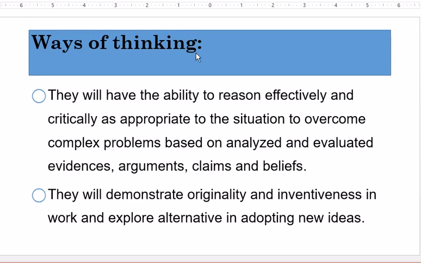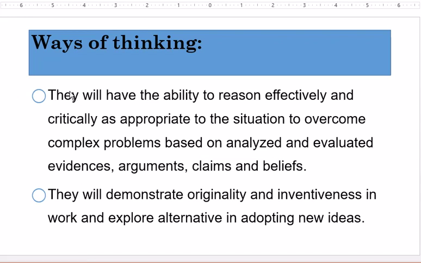All right. The ways of thinking, some of the thinking that we need to divert ourselves from our old traditional thinking is that they reason effectively. The ways of our thinking, they will have an ability to reason effectively and critically as appropriate to the situation to overcome a complex problem based on analyzed and evaluated evidence.